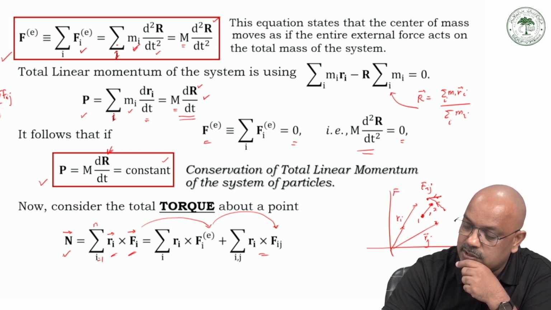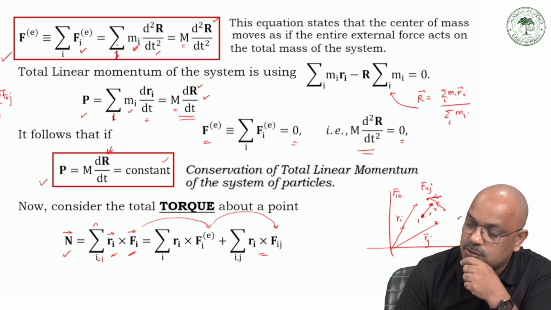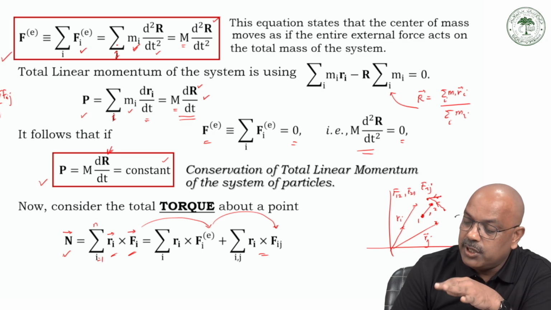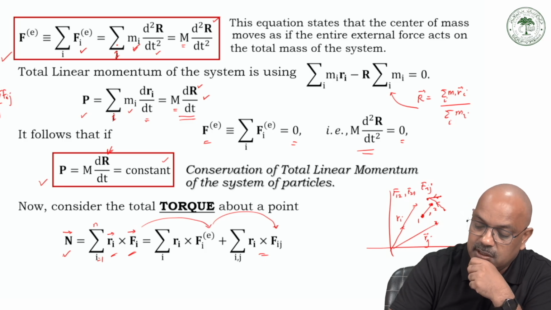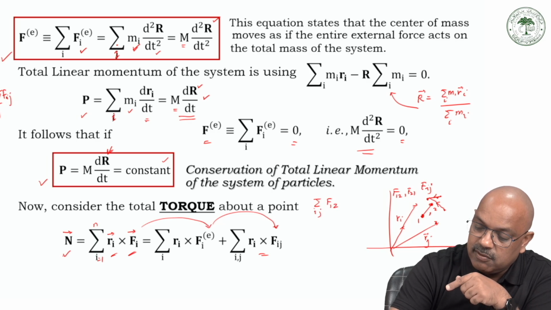Say this is F12, this one is applying on 2, and 2 is applying on this one. When you're summing keeping i constant, if you put 1 and vary j from 1 to n, this is going to be F12, F11 plus F13 plus F14.